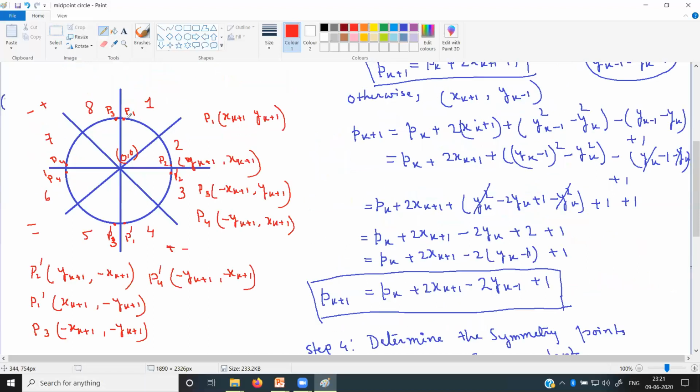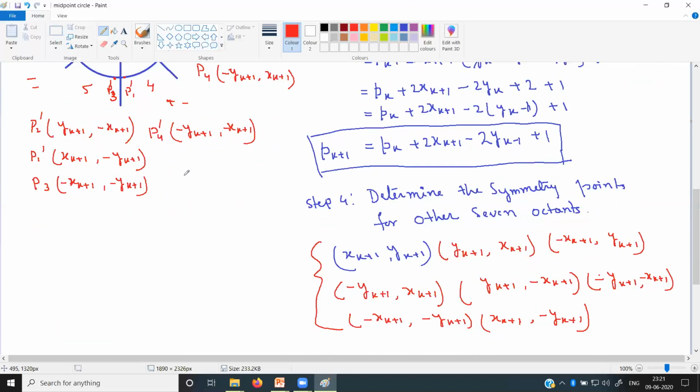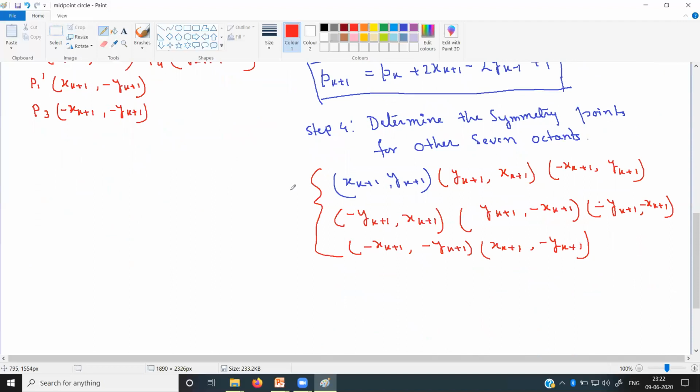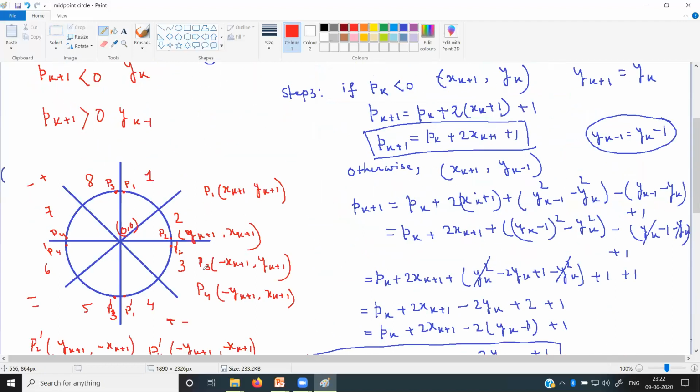Based on the single point, once I can calculate that one point, I can calculate all the remaining points on the circle. Fine. Now, step 5. Whatever calculations we have done so far, you can see one thing: in all my calculations, the center of the circle is at the origin.